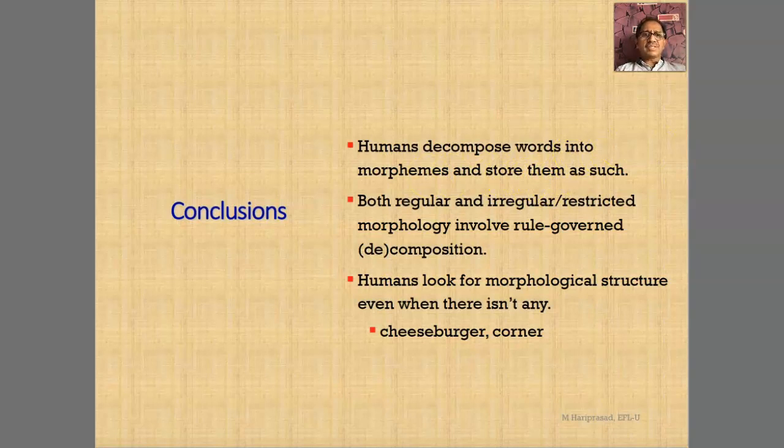So human morphological processing tells us that when we develop a morphological parser, we do not store all the words of a language in the machine. We have to store morphemes and we have to give the machine morphotactic rules.